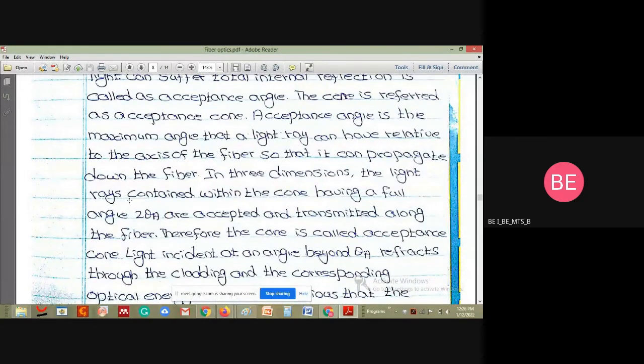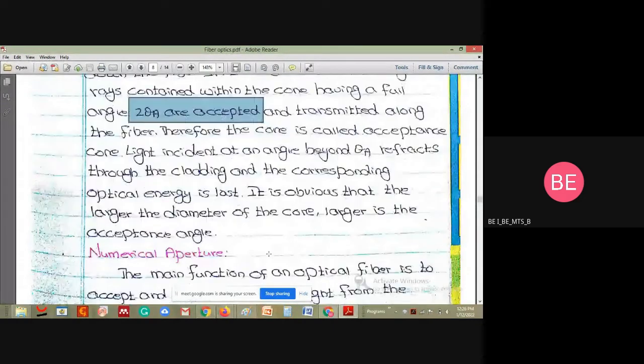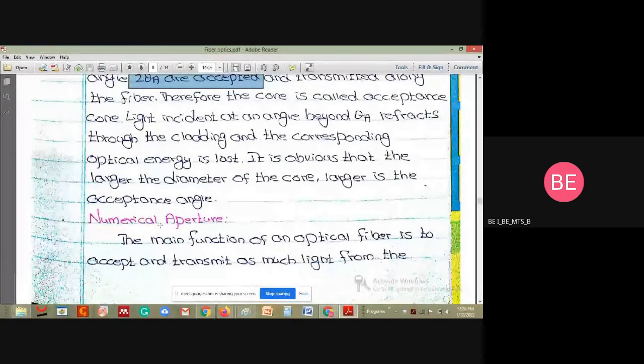When the light falls around the axis within the angle of 2 theta A, it will be accepted for transmission through the principle of total internal reflection. Therefore, the cone is called the acceptance cone, and the light incident at an angle beyond theta A refracts through the cladding, and the corresponding optical energy is simply lost.